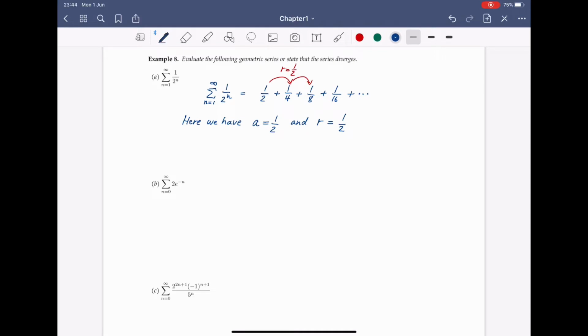And from here, observe that the absolute value of r is equal to 1/2, which is less than 1.